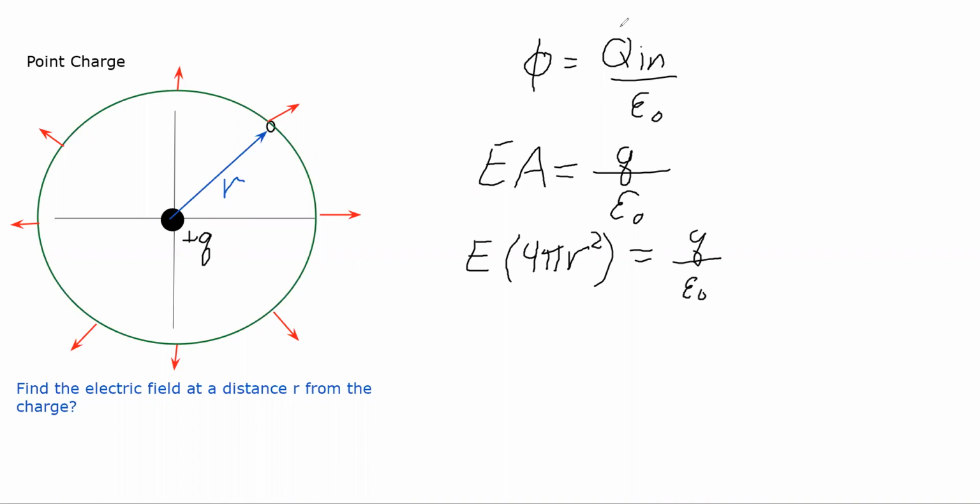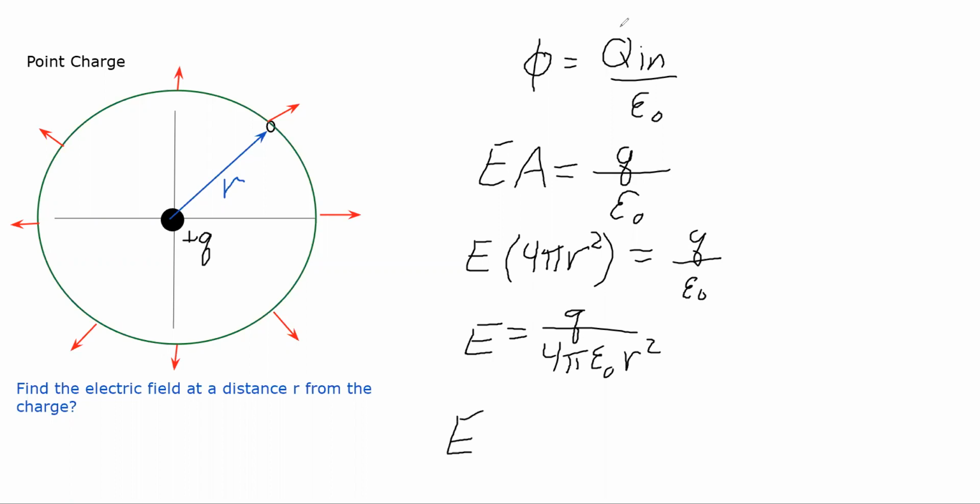If I divide the 4 pi r squared over to the other side, I get E equals Q over 4 pi epsilon 0 r squared, which is exactly the equation we got earlier for an electric field from a point charge.